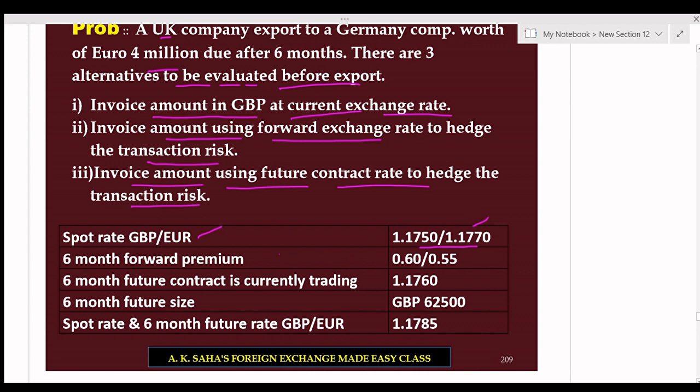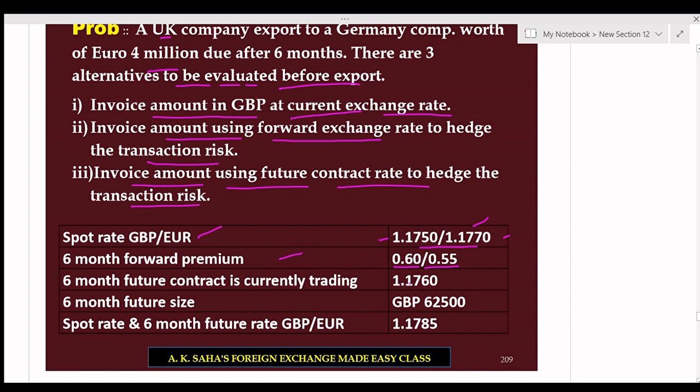The 6-month forward premium is given as 0.60, 0.055. Here the forward rate will be: 0.60 will be deducted from 1.1770, and 0.55 is deducted from 1.1770. You will get the forward rate.